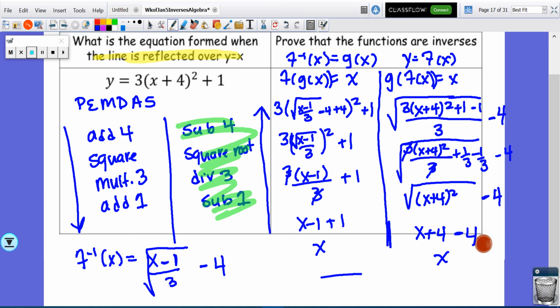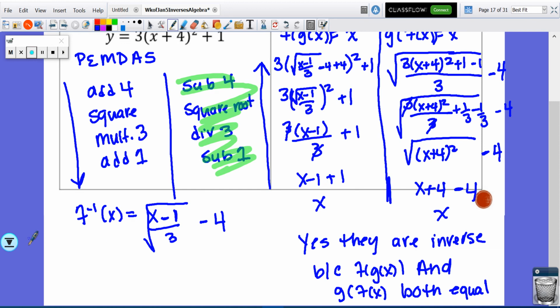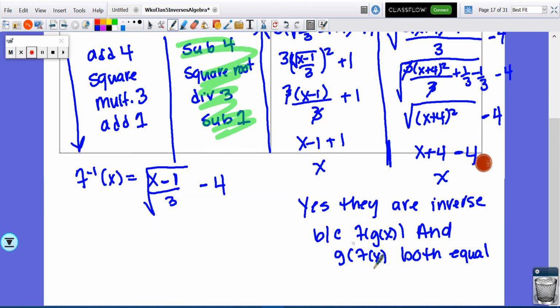So we can say, yes, they are inverses because f of g of x and the composition of g of f of x both equal x.